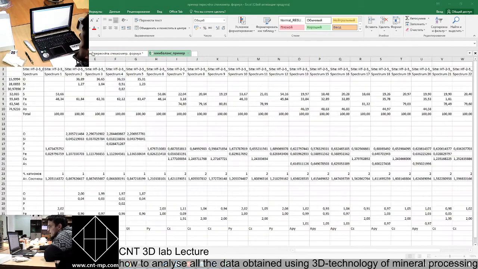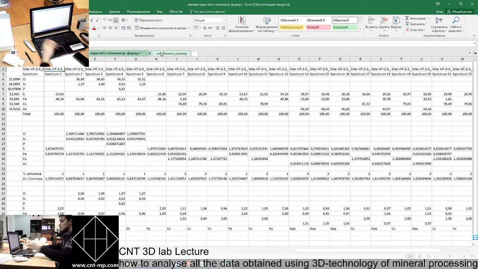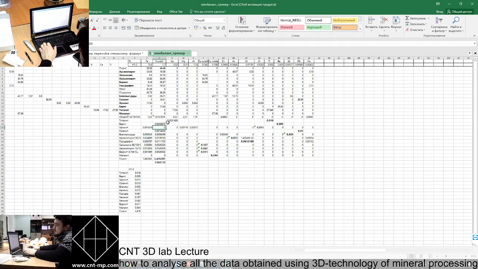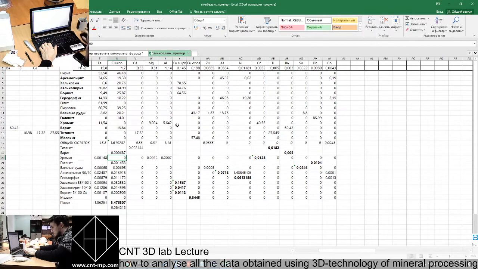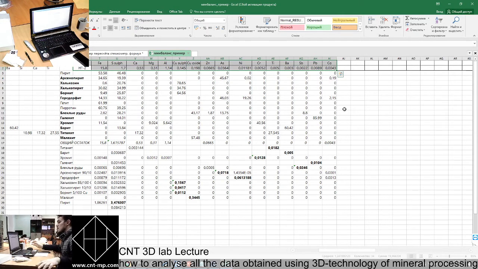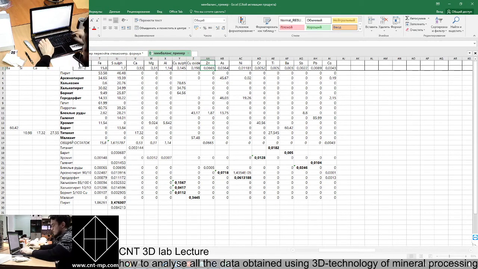Okay, and the next thing that I would like to discuss is mineral balance counting. So as we know the whole chemical composition of the source sample, I mean, how many percent of elements are in the sample, how much content of particular elements, to detect them we use several methods.